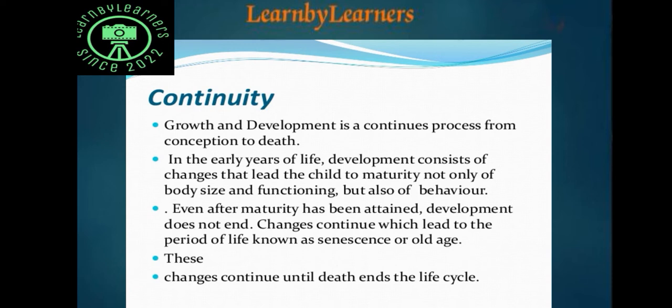But as the shape and size of the body change, the behavior also changes, right? Also the emotional changes, also the psychological changes take place, right? So by that time it develops. Okay, so this is what a continuous process is, right?